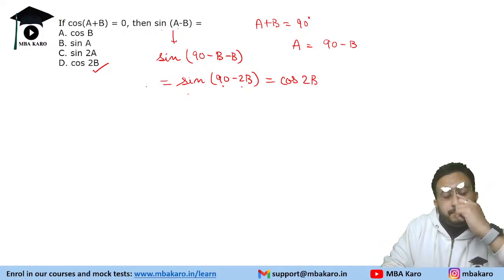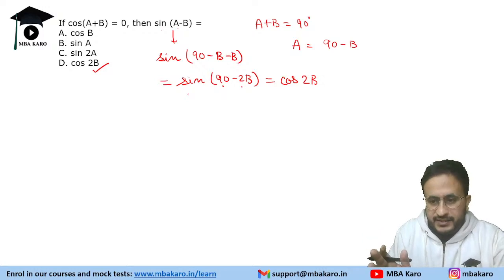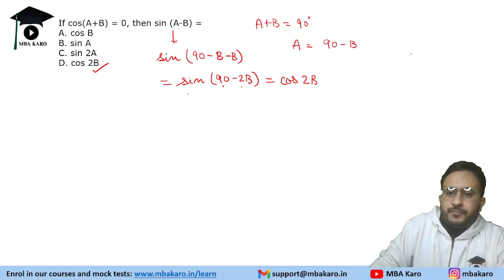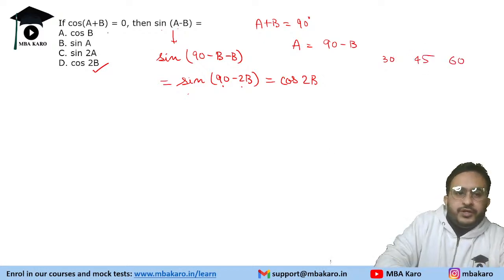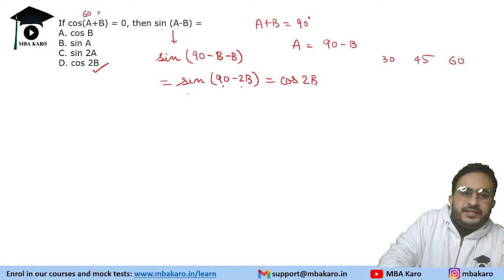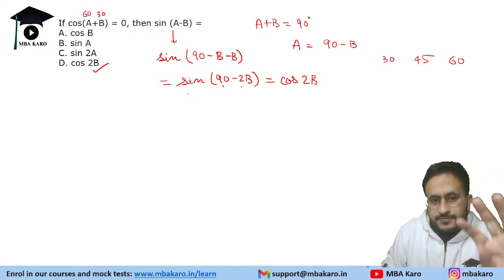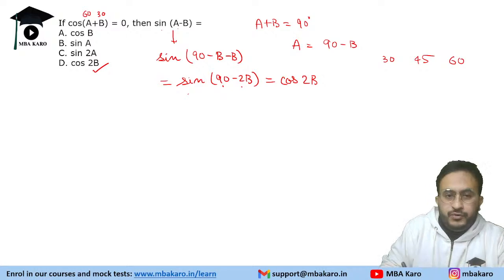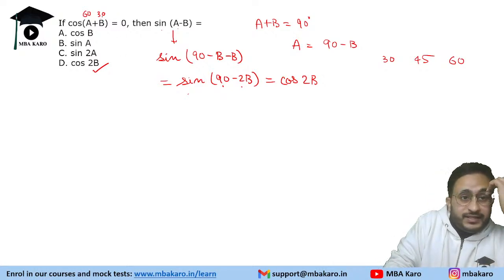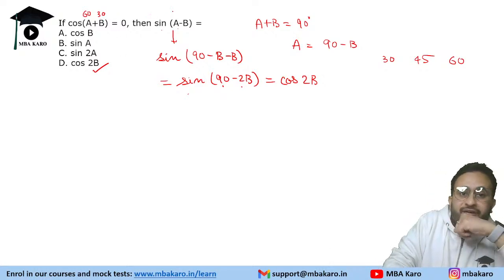Now suppose you do not know any of these identities. How to do it is, see, you should know the values for 30, 60, 45. Okay, so we can take 30, 60 and try with the options. See if things do not work out, how do we do this? So 60 and 30 if you take, then we will have to find sine 30, right? So sine 30 is 1 by 2.